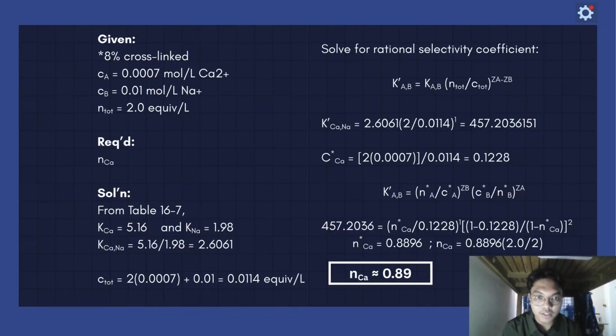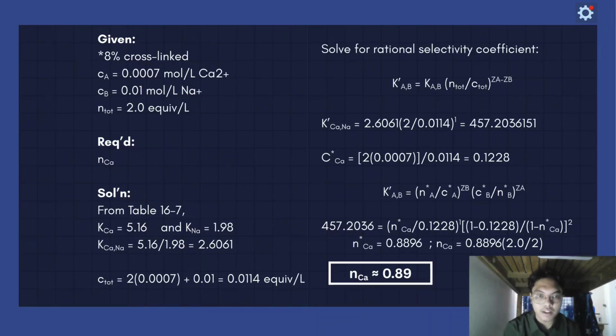So as you can see on the screen, the values are 2.6061 times 2 over 0.0114 raised to 1, which comes from 2 minus 1, and then it will result to 457.2036151.